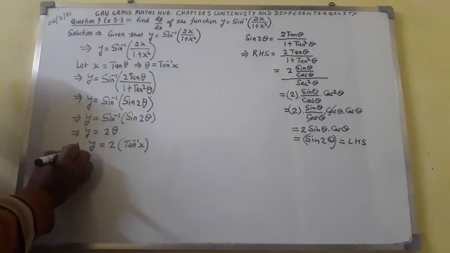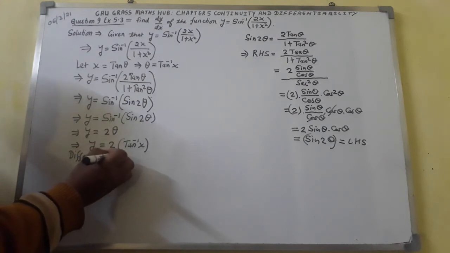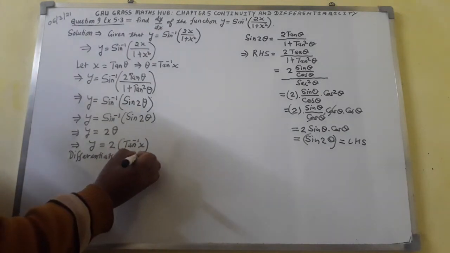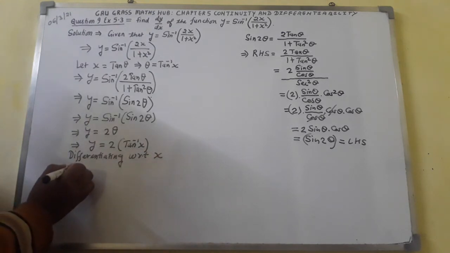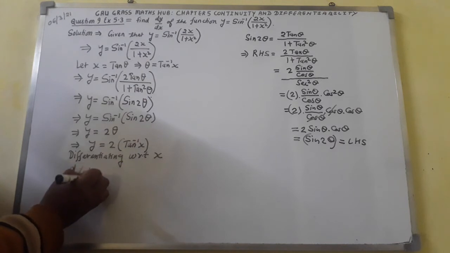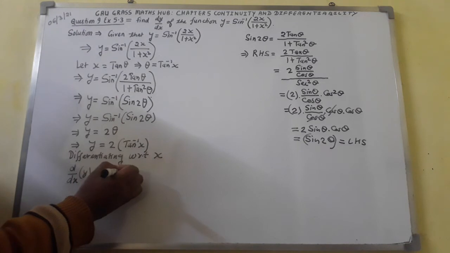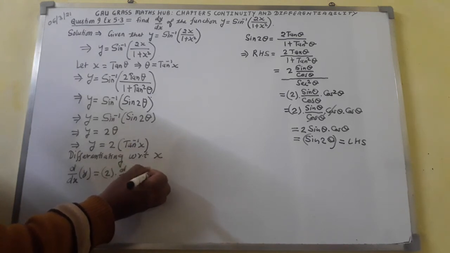Now again differentiating with respect to x, you will get here d over dx y equal to 2 in bracket d over dx tan inverse x.